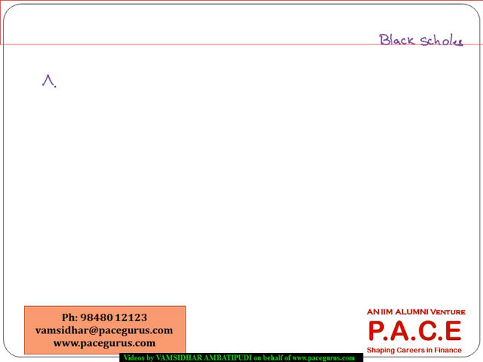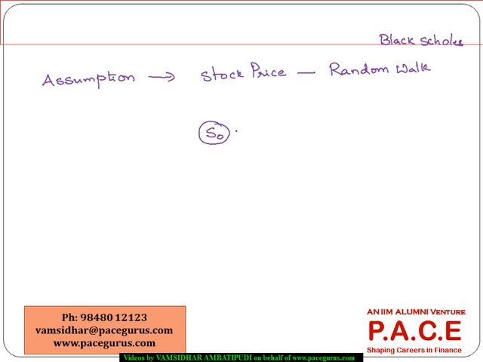The prime assumption this model goes with is that the stock price, at any point in time, follows a random walk. So it can either go up or go down. Today if the stock price is S0, after let's say 1 month, it can either go up to some SU or go down to SD.